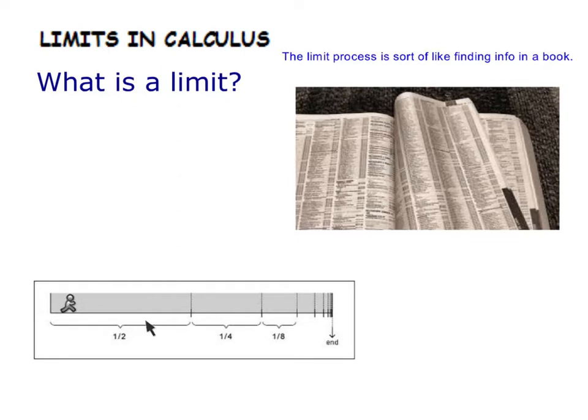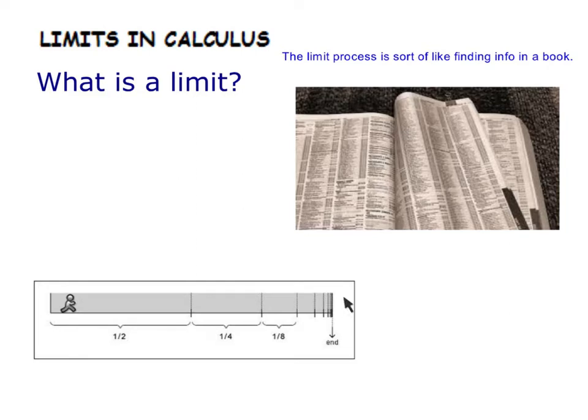Another way to think of it is this down here, and this is Zeno's paradox. Some of you have heard of Zeno's paradox, maybe not. There are many different ways of saying this one. This particular one says, if I am standing here and this is the wall, and the rule is that every time I move, I'm going to go half the distance from my position to the wall. So the first time I go half the distance, and then I go half again, and half again, and half again.